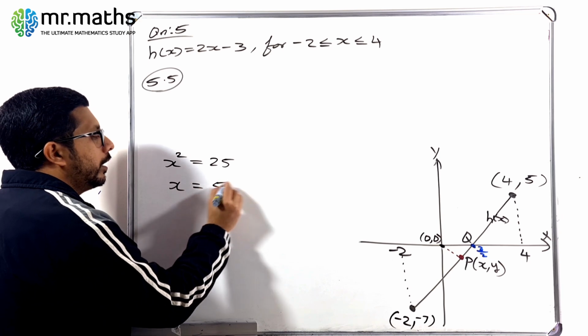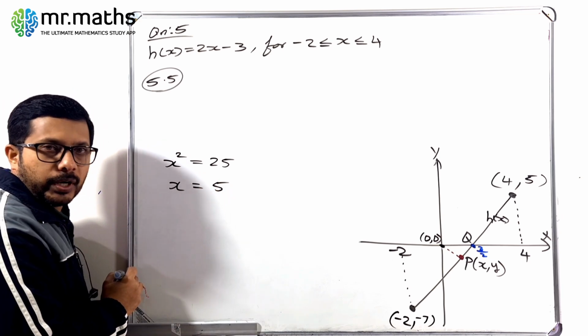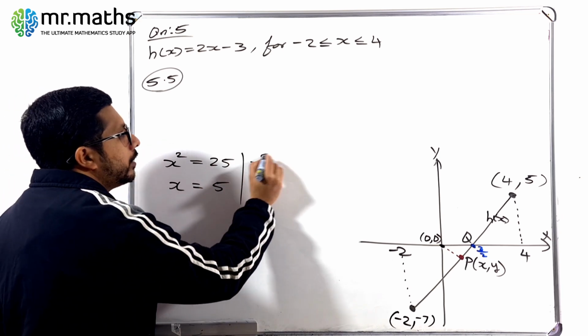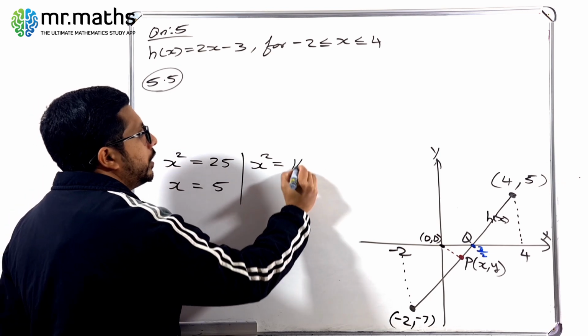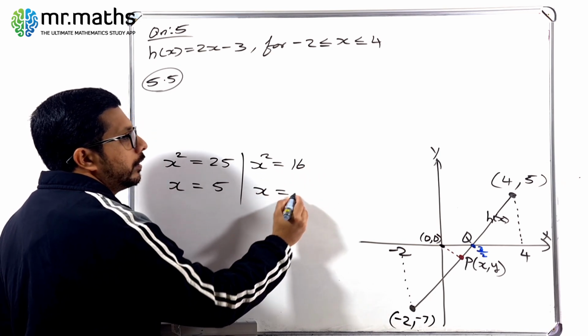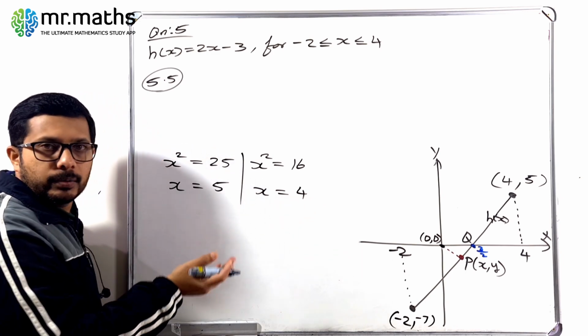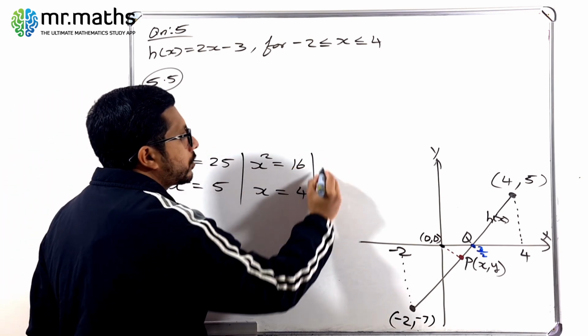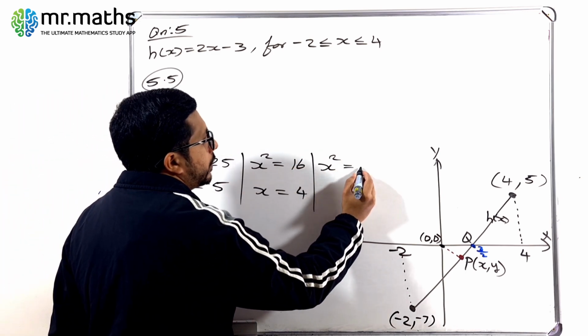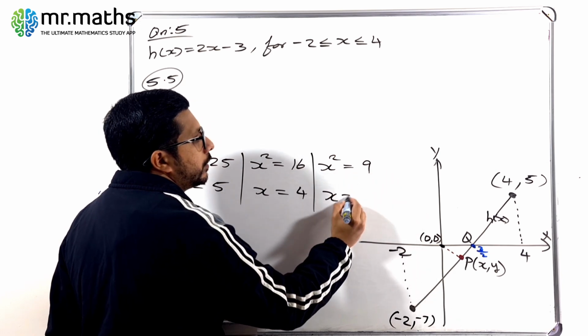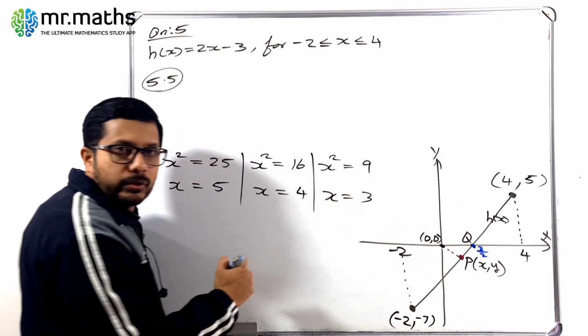X is equal to root of 25, that is 5. Then x squared is equal to, let's say, 16. What is x? X is equal to square root of 16, that is 4. I'm not considering the minus case now. Then x squared is equal to, let's say, 9. What is x? X is equal to square root of 9, 3.